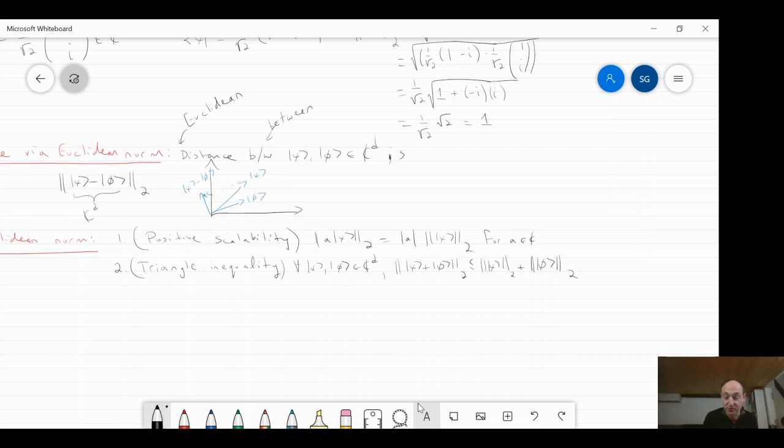And that's exactly what the triangle inequality is saying. If I have two vectors, so here are my axes, I'll have a vector psi, and here's my vector phi. Then what is the sum of those two vectors? Well, it's just this vector here, psi plus phi.